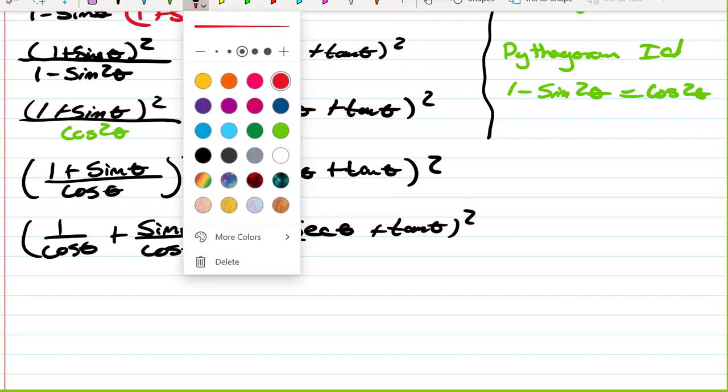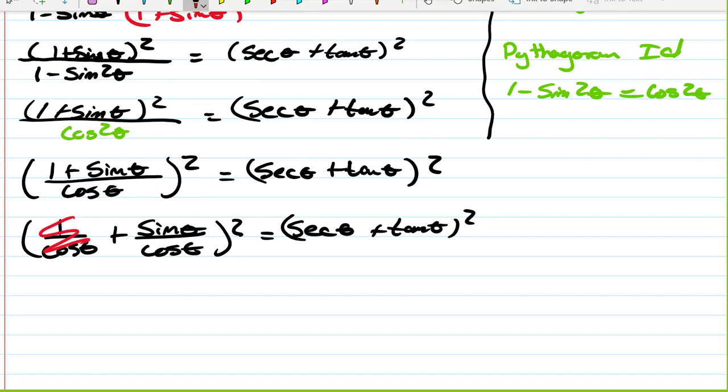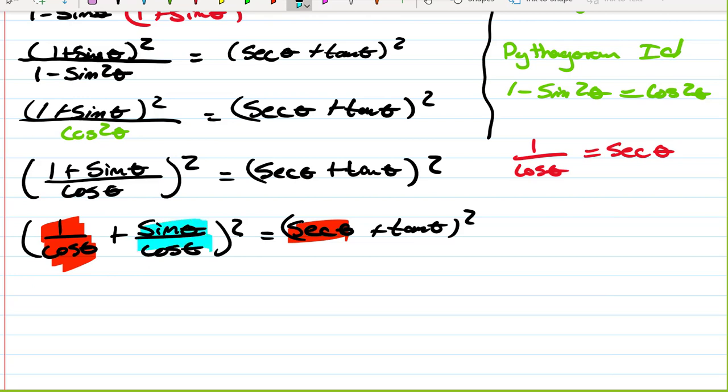So this guy is this guy by the identity 1 over cosine theta equals secant theta, and this one is the definition of tangent, that sine over cosine is equal to tangent. And we're done.